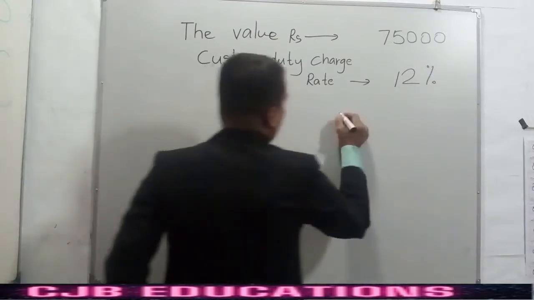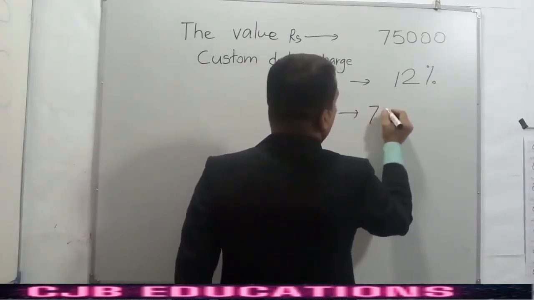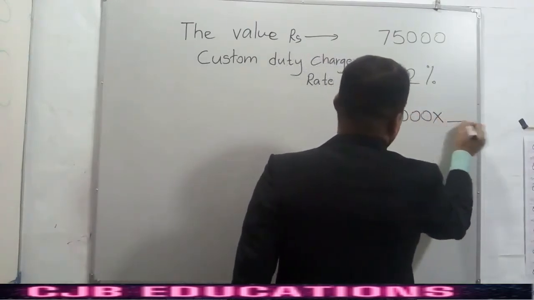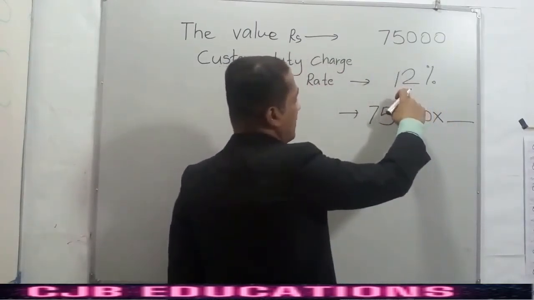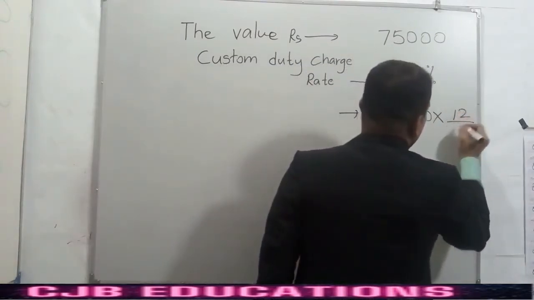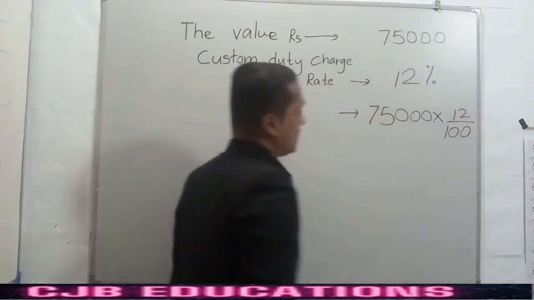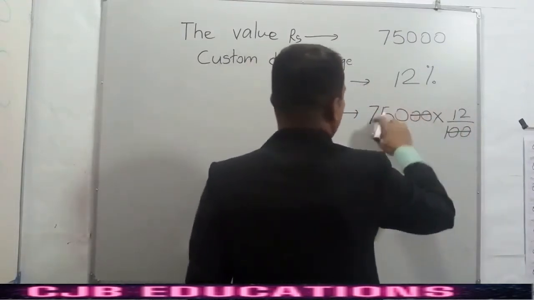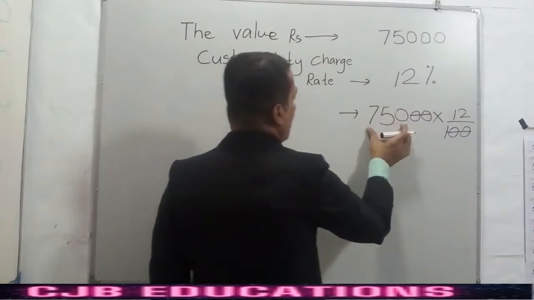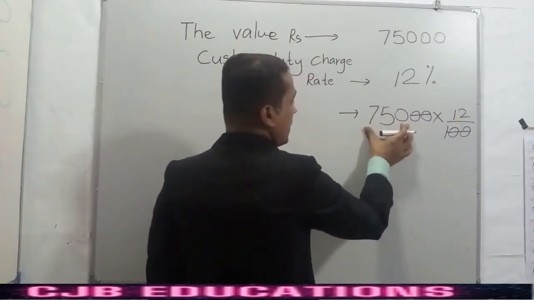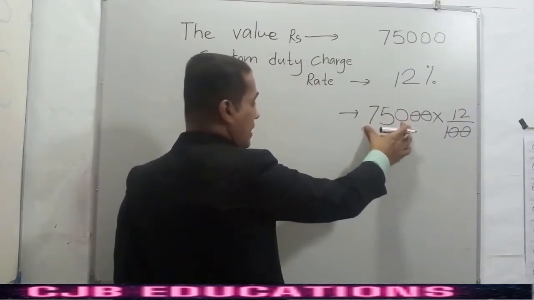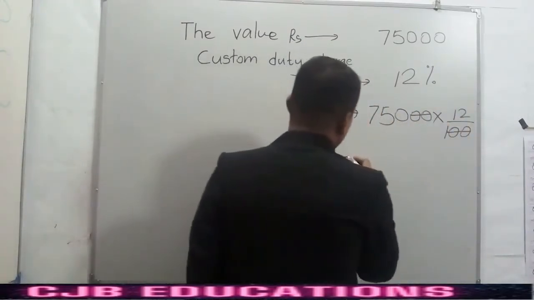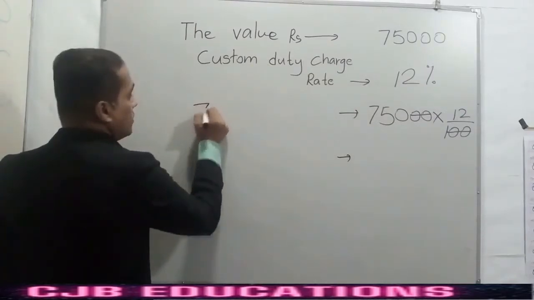Then we can simplify it like this. 75,000 multiplying by 12%, means 12 over 100. Then we can cancel this 00 with this 00. We can multiply this, 750 multiplying by 12.